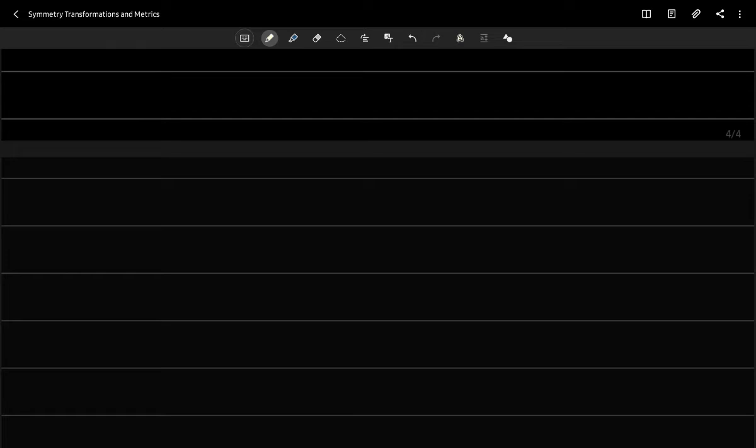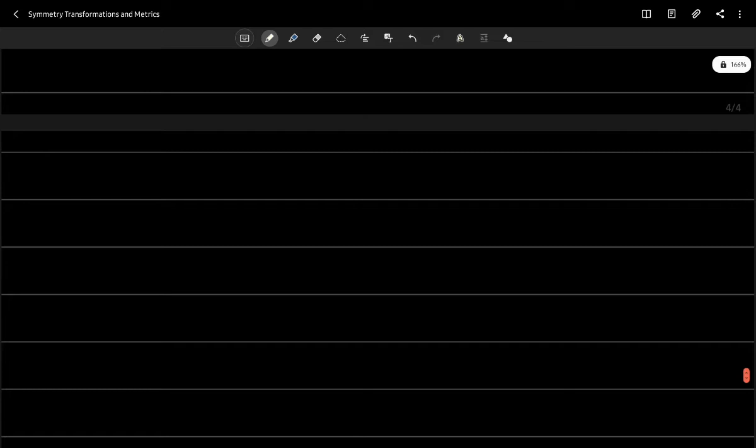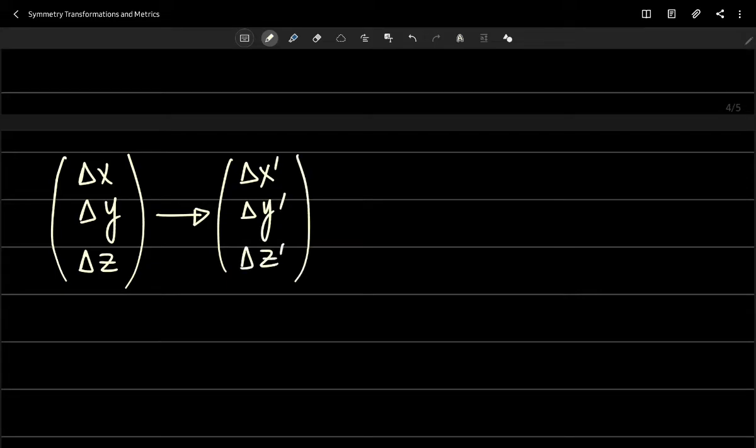Okay, so from here now, if our rotation is represented by a linear operator, right, then this column matrix delta x, delta y, delta z transforms as delta x prime, delta y prime, delta z prime, right?